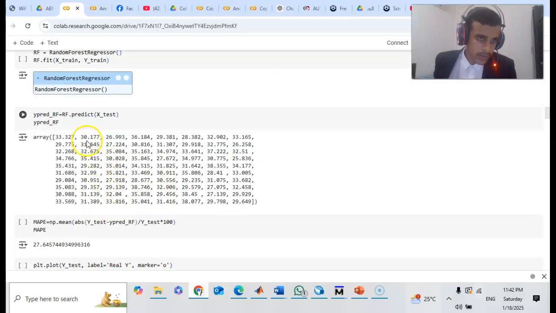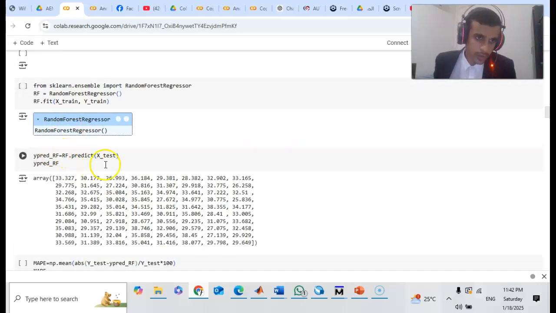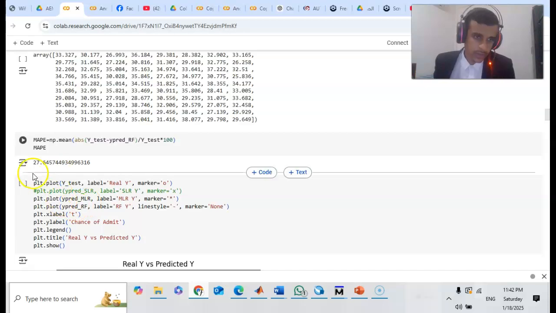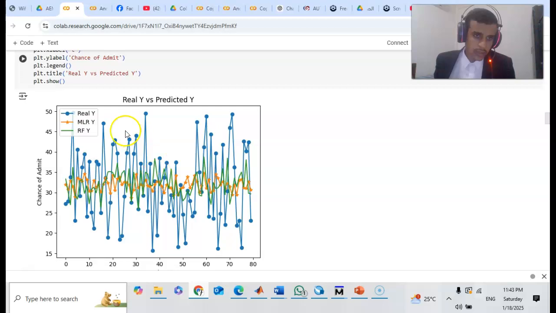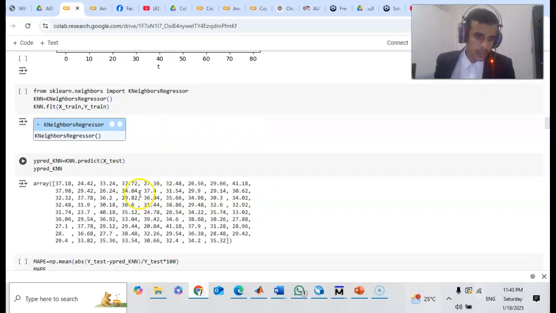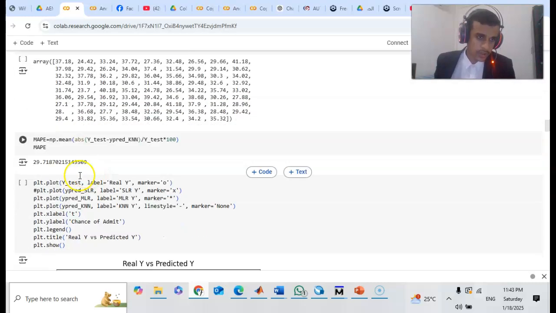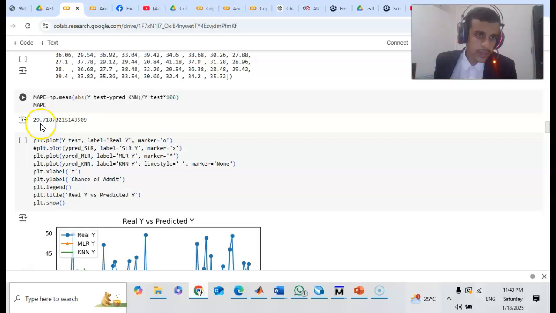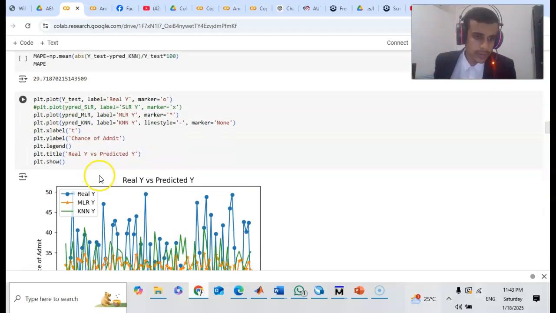The third one is random forest regression, with MAE 27.645. This is also the graph, with the real in red and the random forest in green color. The last one is K-nearest neighbor regression, with MAE 29.718.